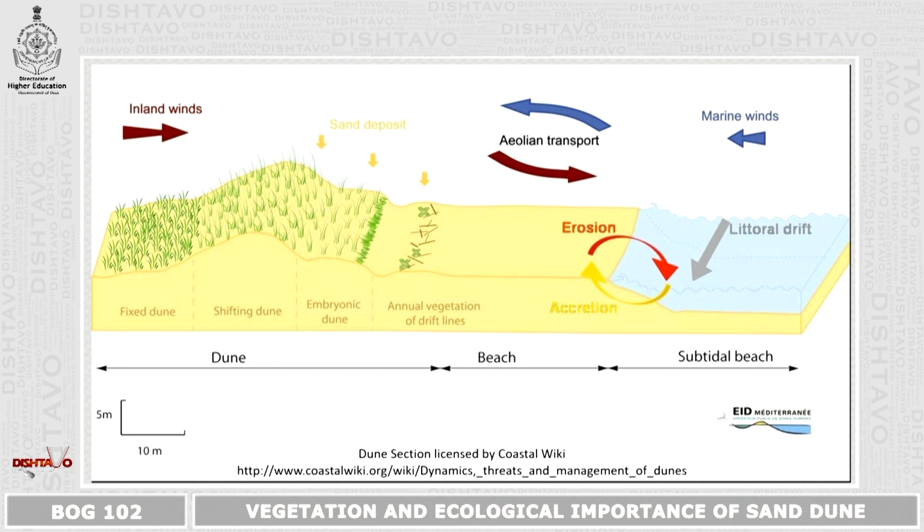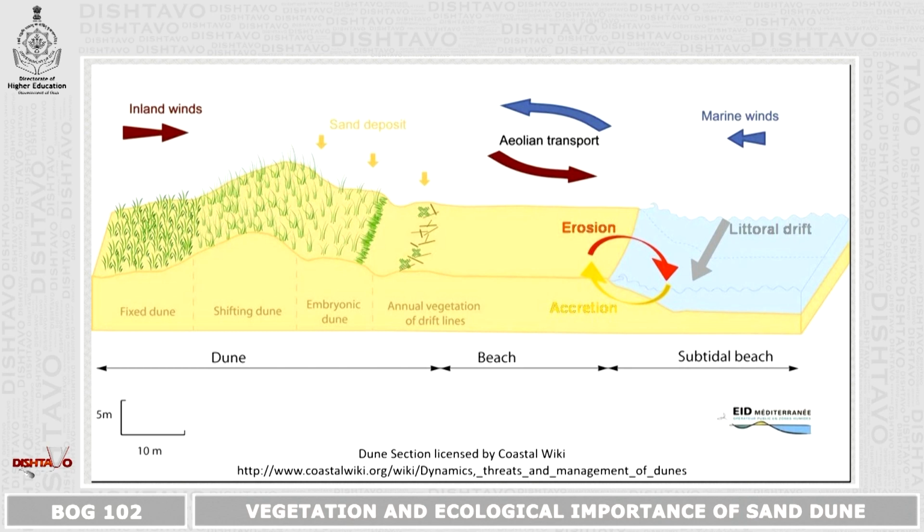We see different types of movements of soil. We see erosion and accretion, and this is made possible by either the wind transport or the wave action.